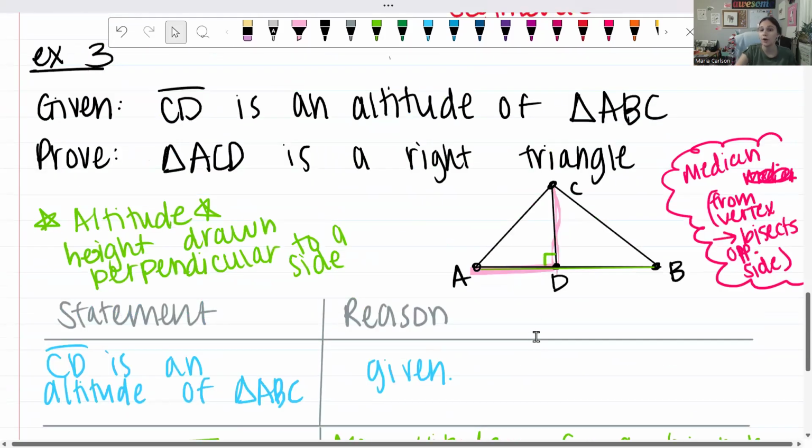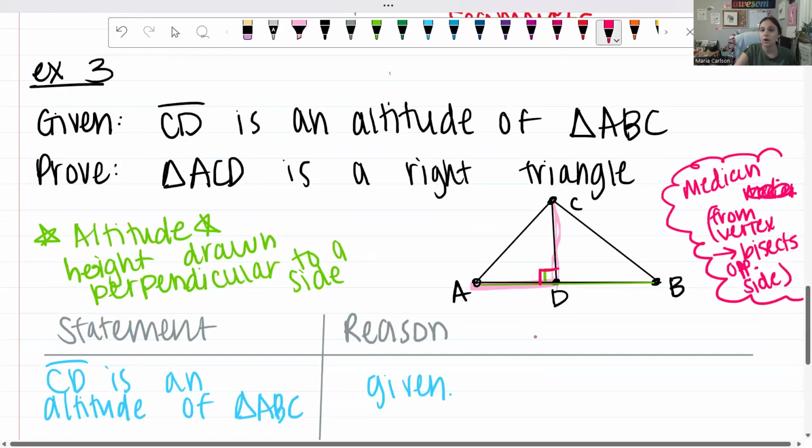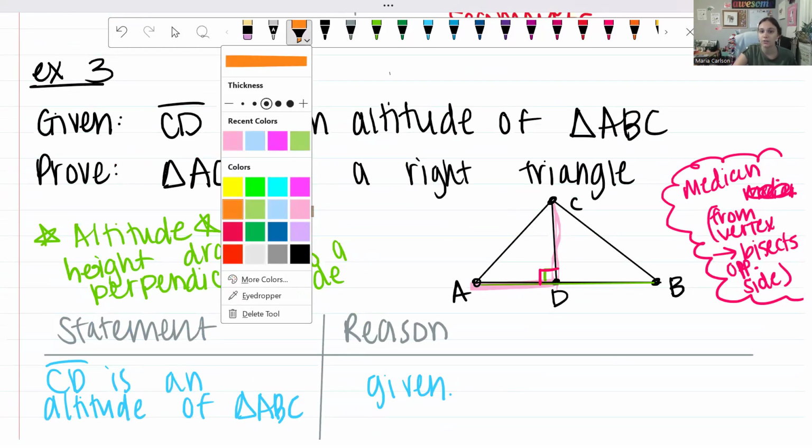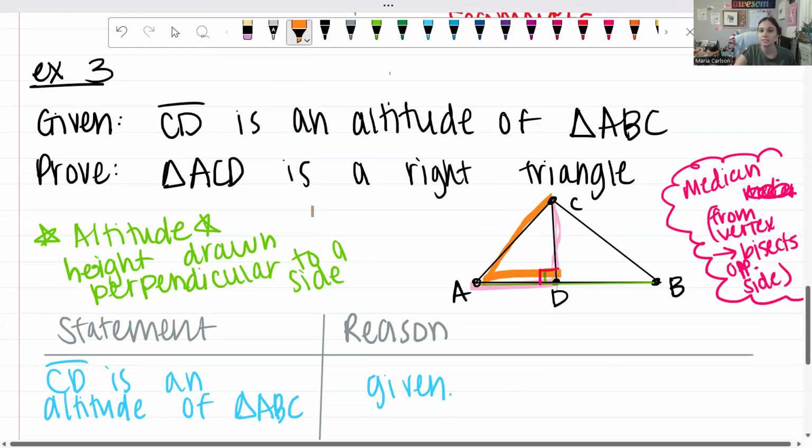So now that we know this is a right angle, overall, I can say the entire triangle then, triangle ACD, the original triangle they wanted us to prove was a right triangle. I would say it is.